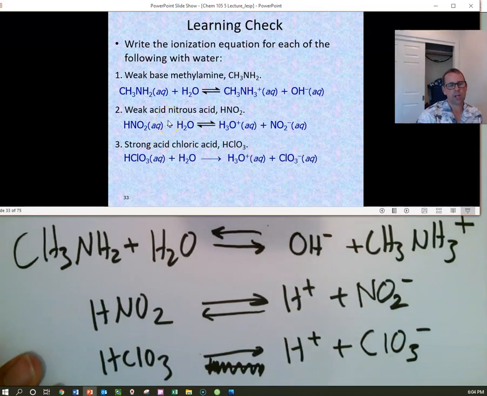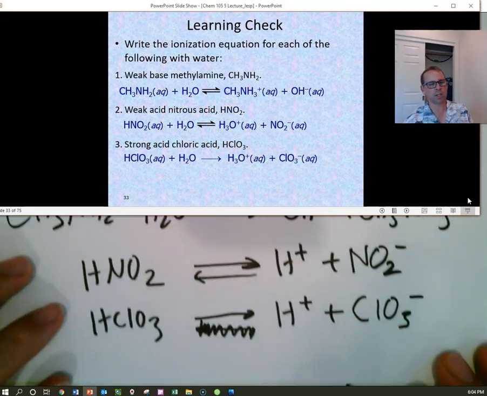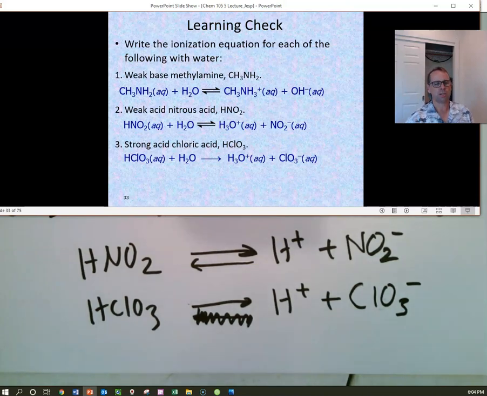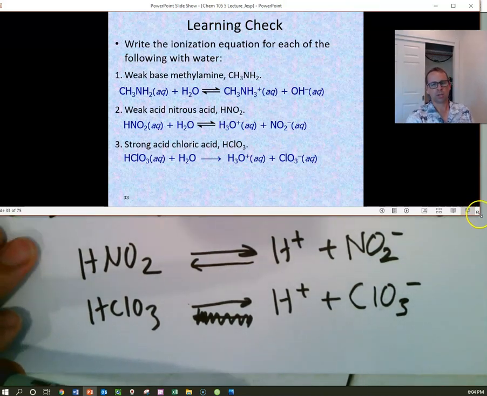Now, can you see how on the slide they've written it slightly differently? Can you tell me what the difference is between the last two that we did on the slide and the last two that we did on the paper?